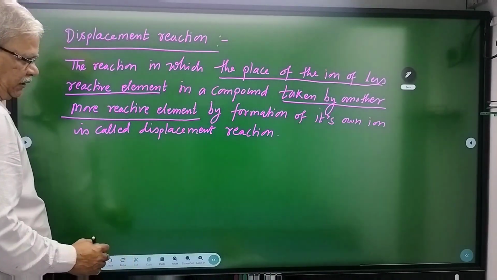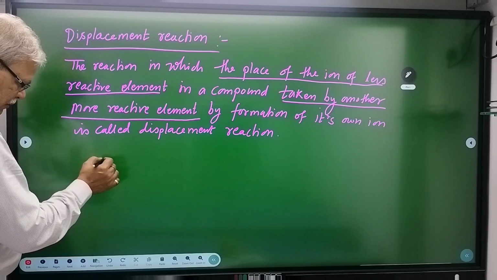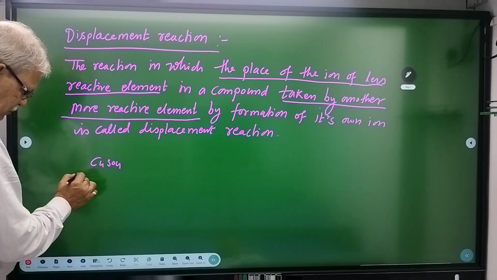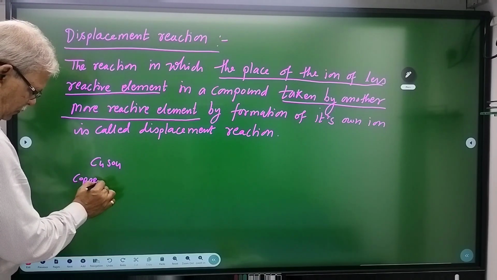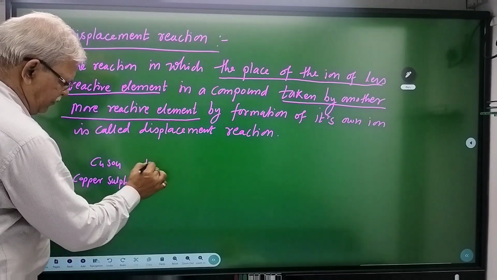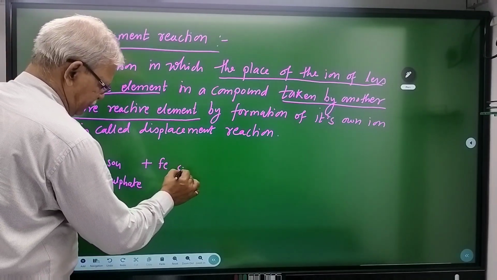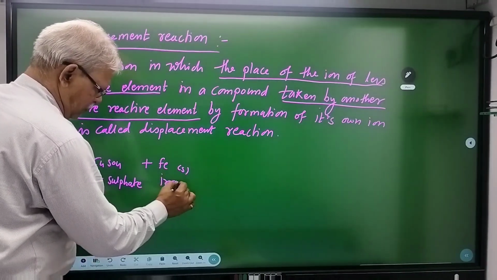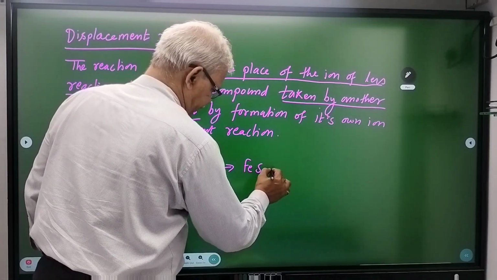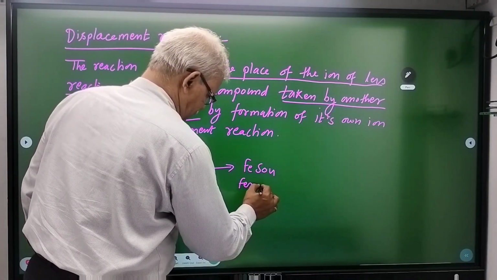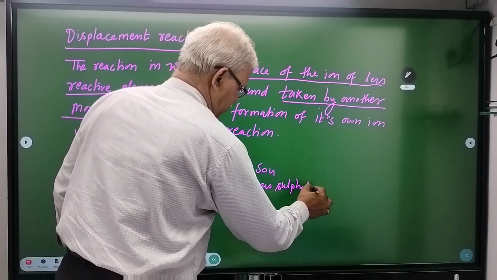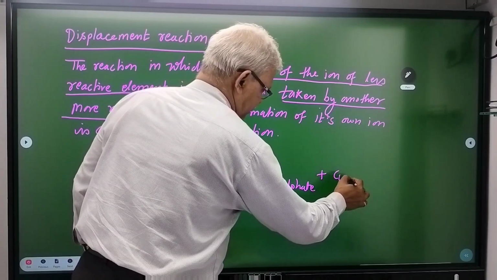the displacement reaction. Here, for example, I am going to take copper sulfate reacting with iron forming ferrous sulfate plus copper.